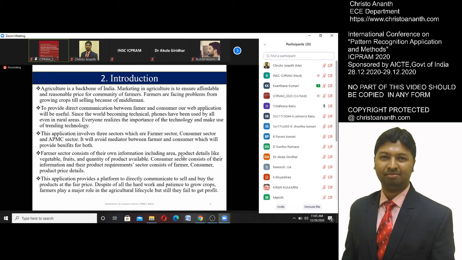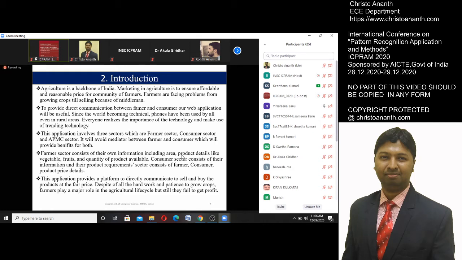The consumer sector contains the information about the consumers, their details, and their product requirements. And the APMC sector consists of farmer, consumer, and product price details. This profits both the farmers and consumers, which avoids mediators between them.